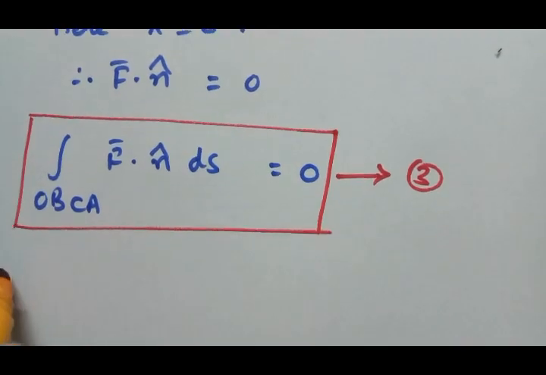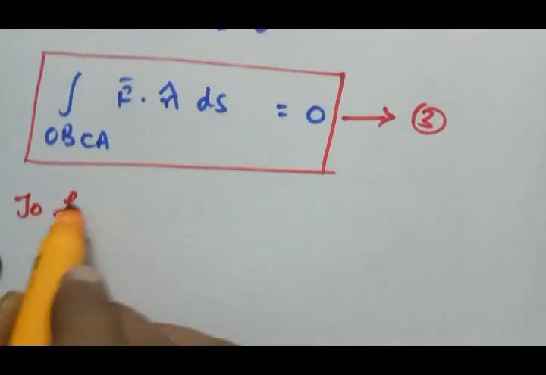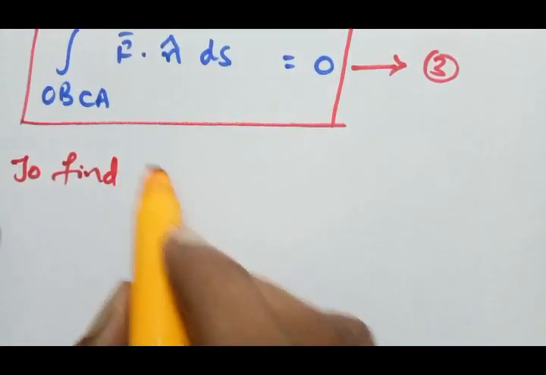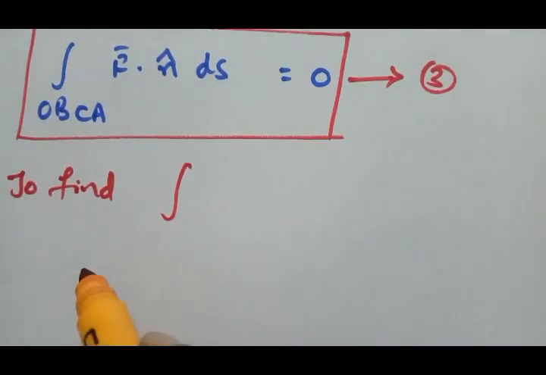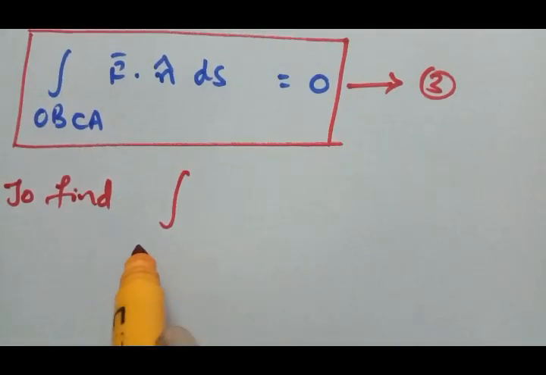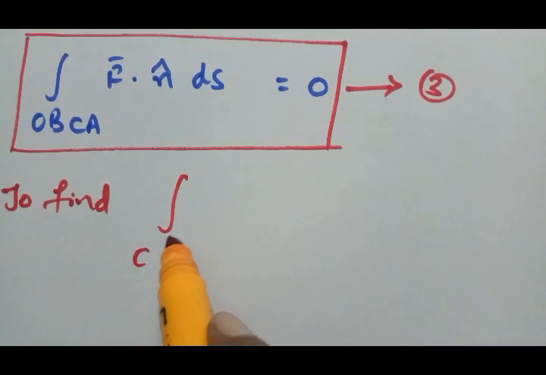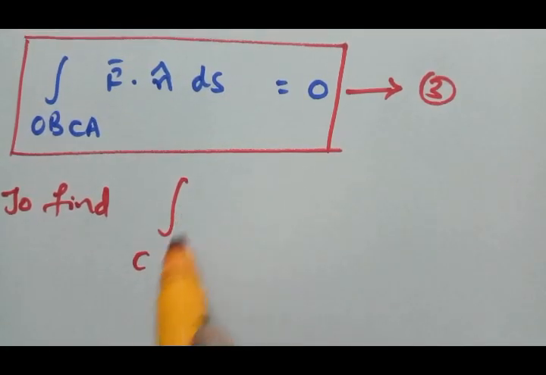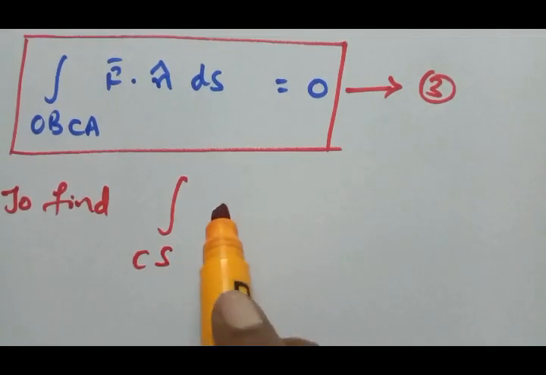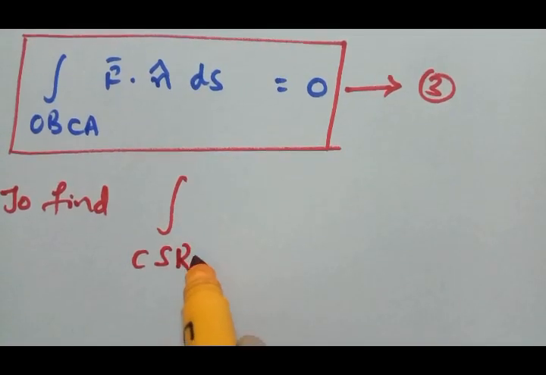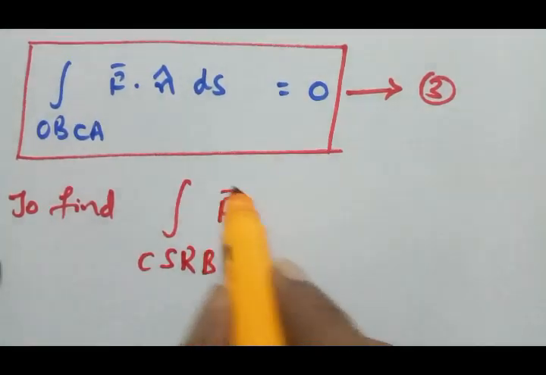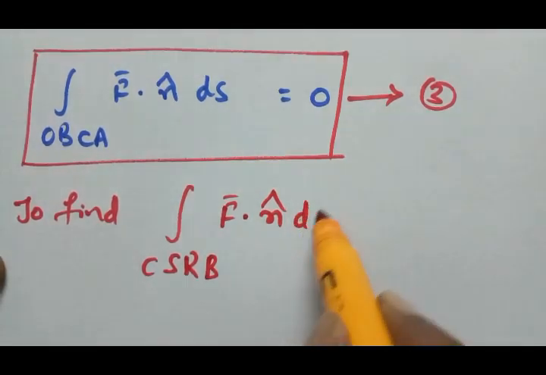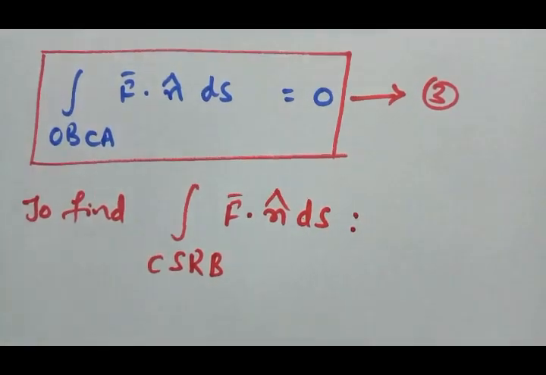Now, to find the integration along CSRB, f bar dot n cap ds, top face.